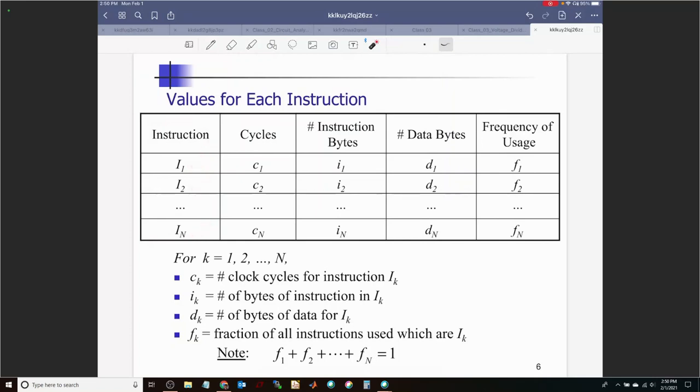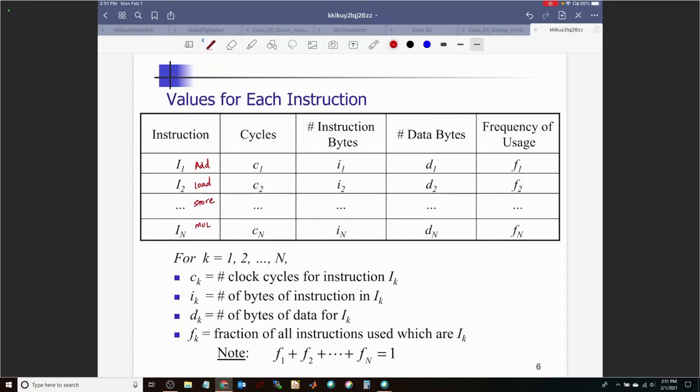These are different instructions. So I1 could be add, I2 could be load, I3 could be multiply, and so on, right? Let me just write them. This could be add, this could be load, this could be store, this could be multiply.